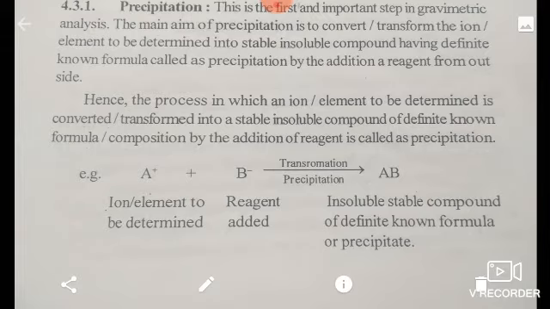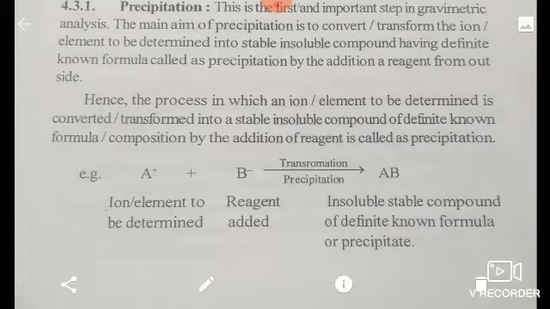This step is known as the precipitation step, by the addition of a reagent from outside. The ion gets precipitated by adding the reagent from outside.